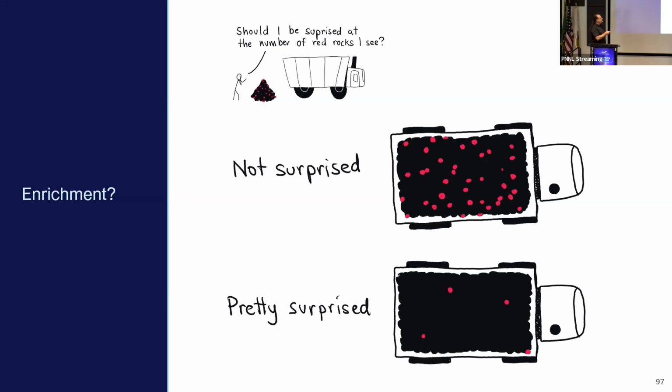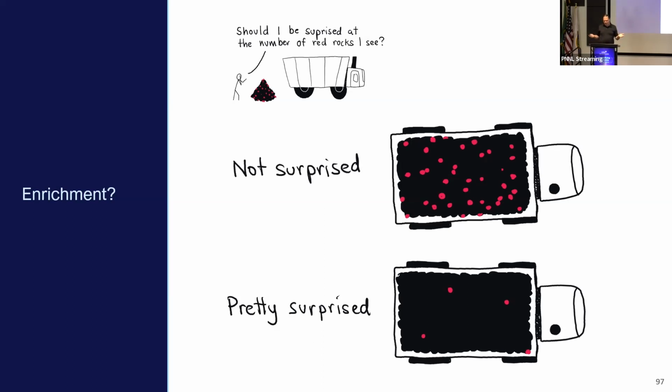So if you look in the back of this crudely drawn dump truck, who is the artist here? You see, in one case, you're not surprised much at all. You see about the same distribution. You're like, okay, the dump truck just dumped those differentially expressed genes off, whatever pathway I'm looking at right now.